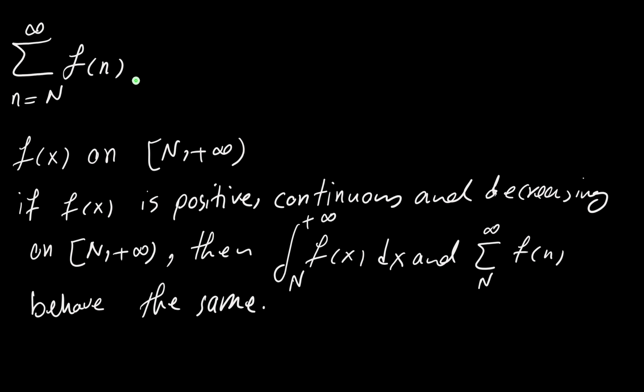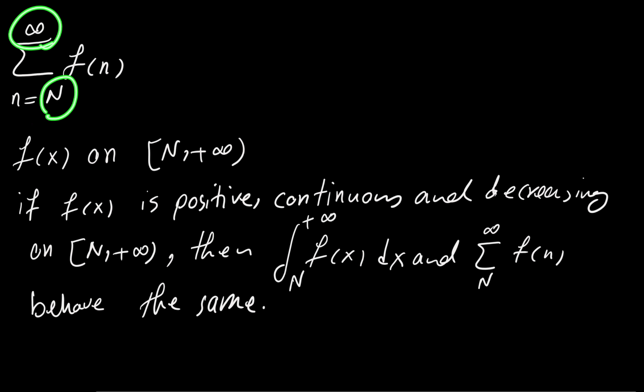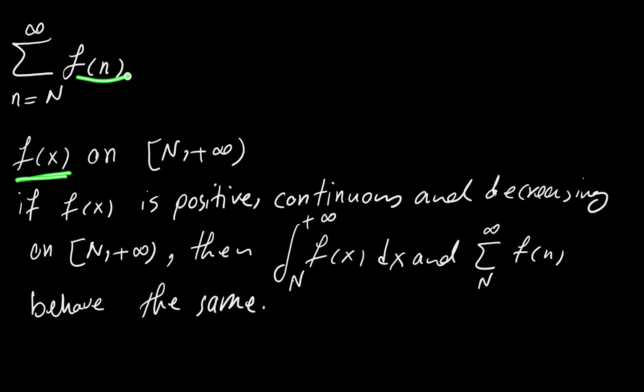So our approach for the sigma f of n from capital N to positive infinity, checking convergence or divergence, indicates that the function f is positive, continuous, and decreasing. And if the function is such that we can calculate the integral from N to positive infinity, we calculate the integral.